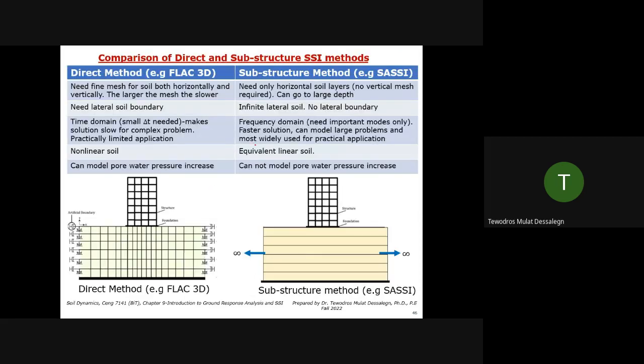So this is a summary comparing the direct and substructure SSI methods. In the direct method, you need a fine mesh, because this is the finite difference method. You have to mesh the soil both horizontally and vertically.